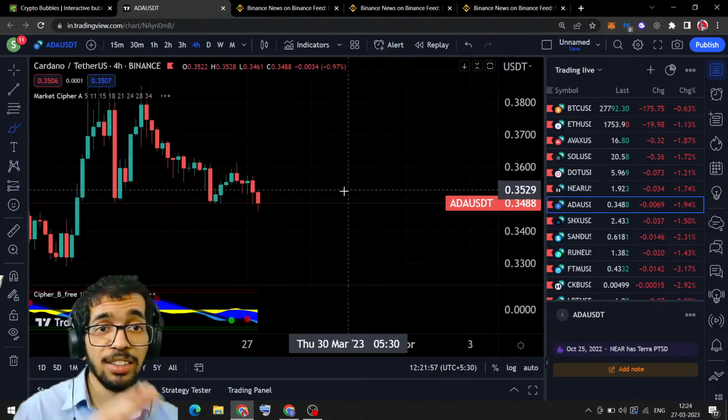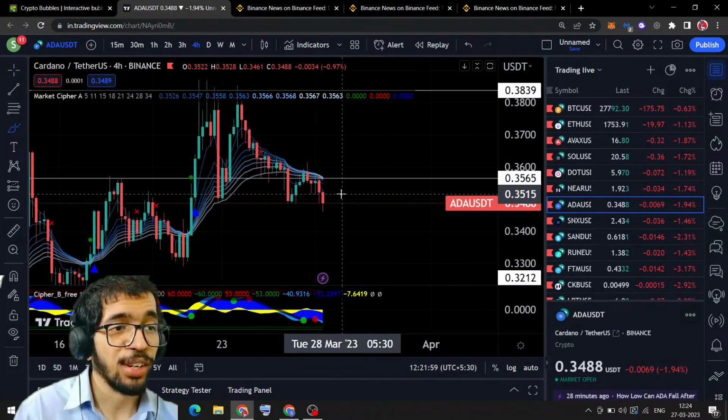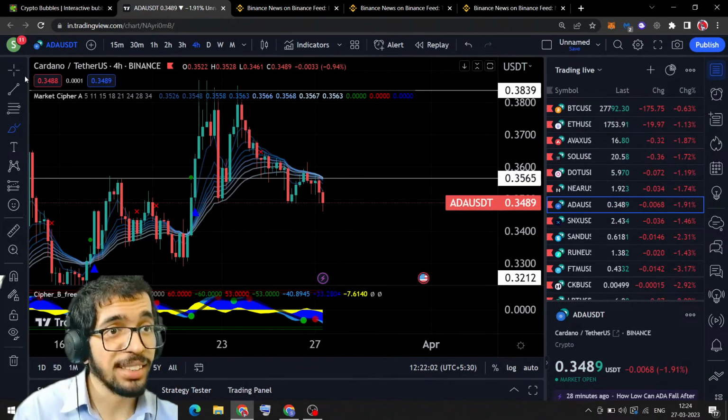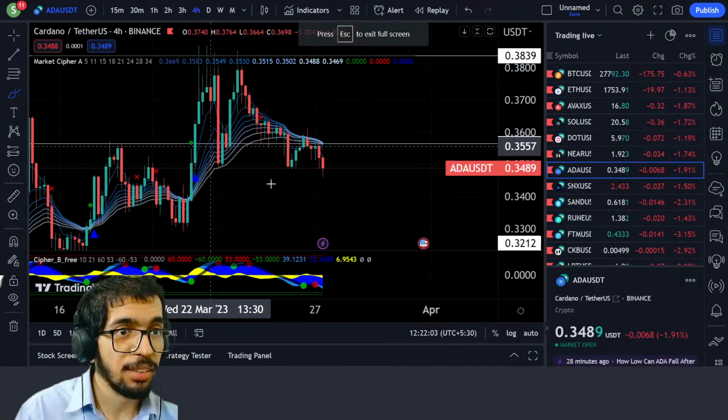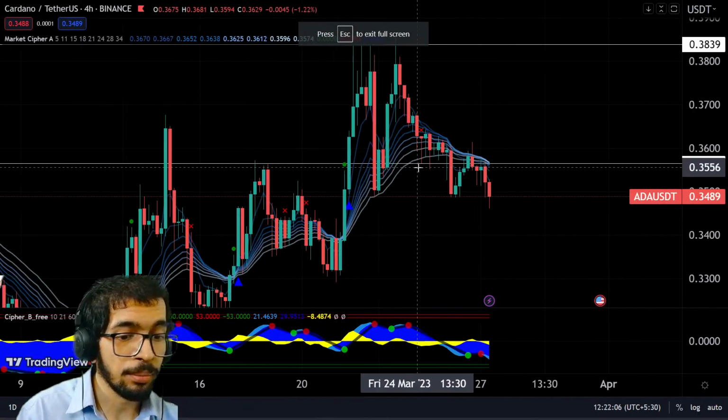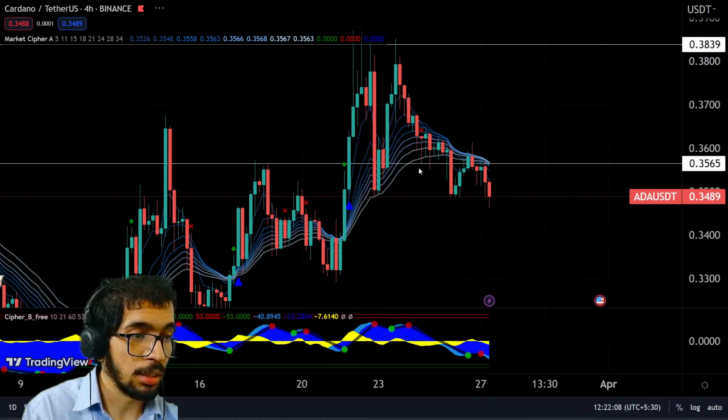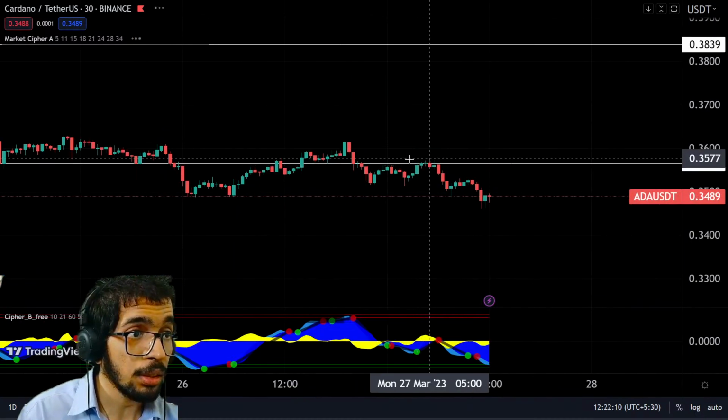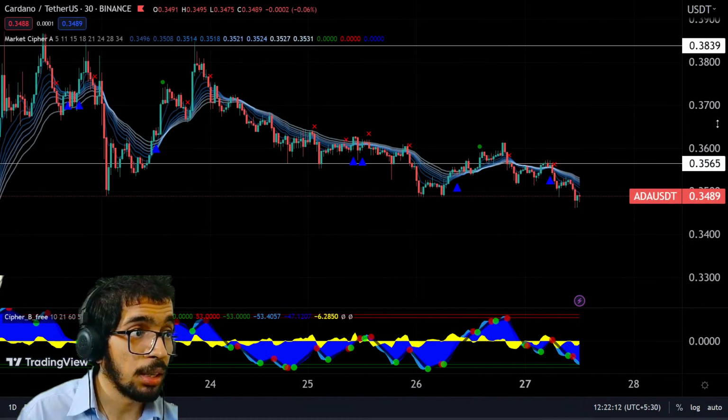Okay, so this is the first time I'm charting this coin. It is the best because at the moment it's giving me a good entry. So let's go on a 30-minute chart and see how this chart is going.